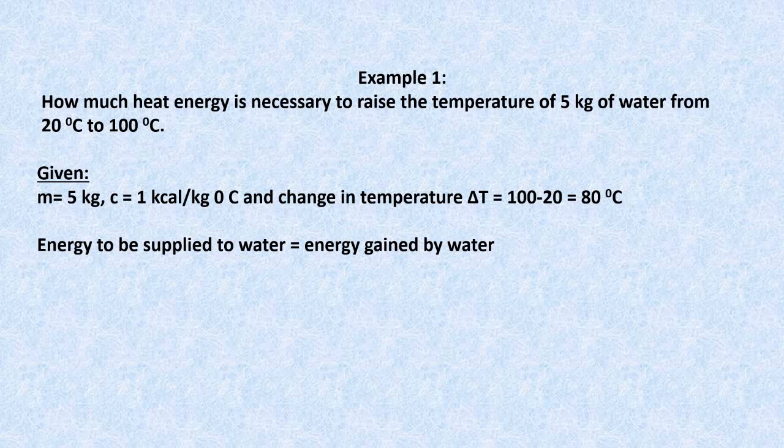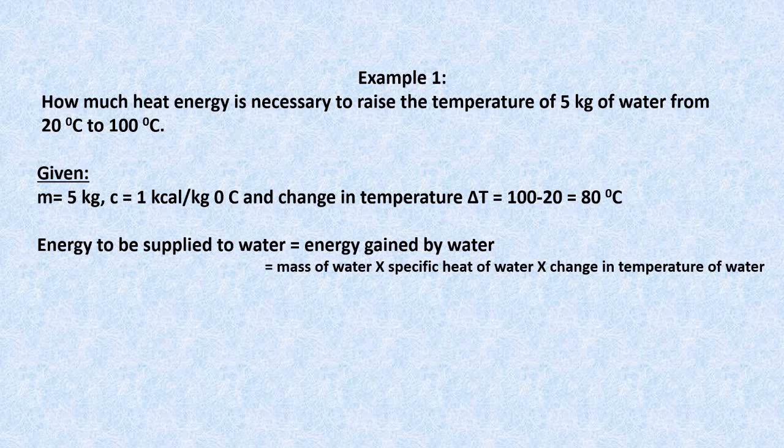The energy to be supplied to the water is equal to the energy gained by the water. In the question, how much heat energy is necessary to raise the temperature of the water? Basically heat energy is given to the water, and in turn the temperature of the water increases. So the heat energy supplied to the water is equal to the energy gained by the water, which is mass of water into specific heat of water into change in temperature of water.